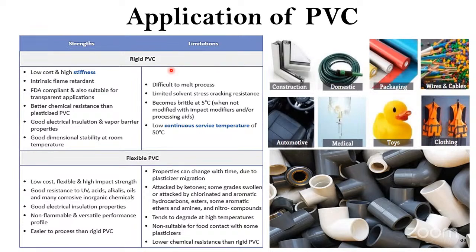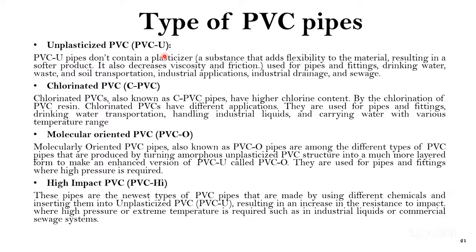So unplasticized PVC is used only for drainage. But when we chlorinate, or orient the chemical structure of the PVC very well, then only we can go for high pressure and a wider temperature range.